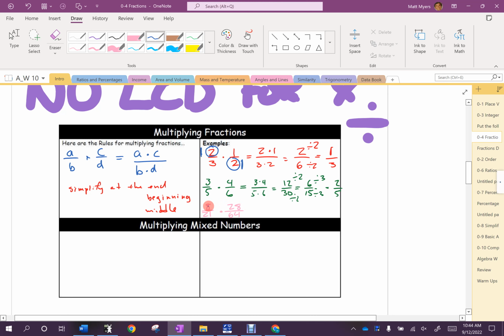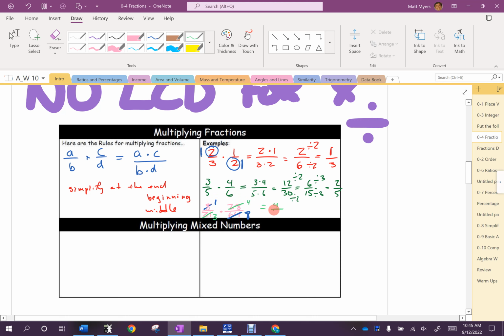8. If I divide that by 8, what do I get? 1. What is 64 divided by 8? 8. Does any number work with 28 and 21? 7. What's 28 divided by 7? 4. And what's 21 divided by 7? 3. What's 1 times 4? 4.